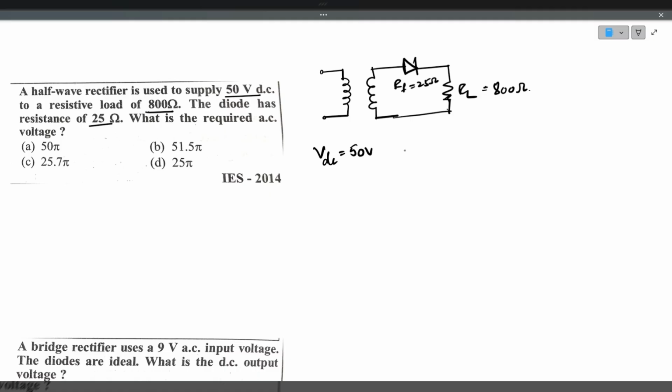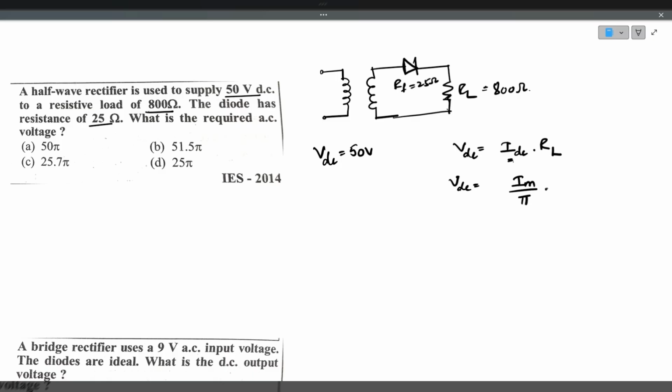From this we can easily find out VDC is equal to IDC into RL. The average voltage is equal to IDC into RL. Now IDC, that is the average current, is equal to Im by pi.